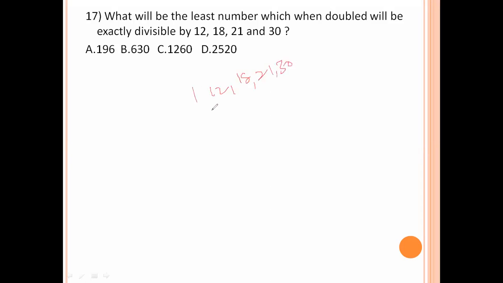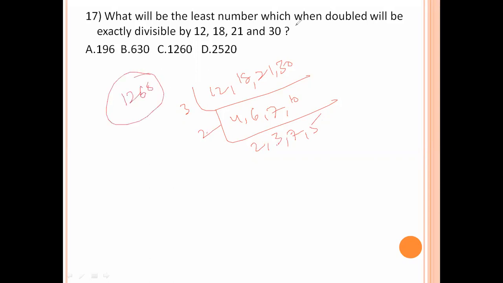Find the LCM. 3 4, 3 6, 3 7, 3 10; 2 2, 2 3, 2 5; 7, 5, 35; 35 times 3 is 105, 105 times 2 is 210, 210 times 2 is 420, 420 times 3 is 1260. When doubled it is divisible by this number, so half of this is 630. Option B is the right answer.